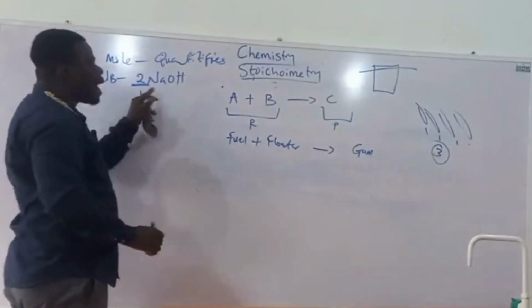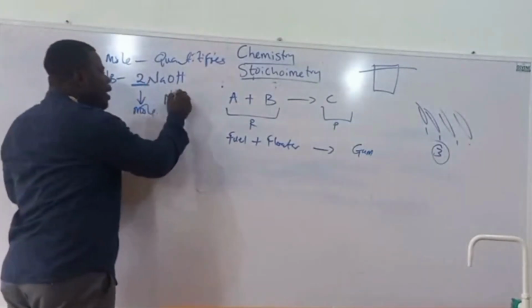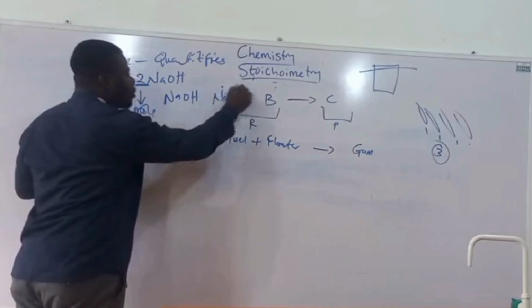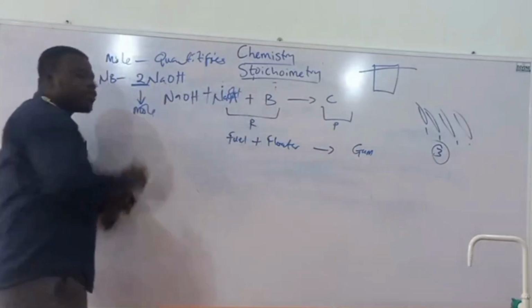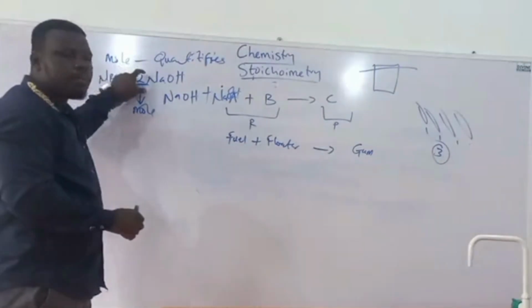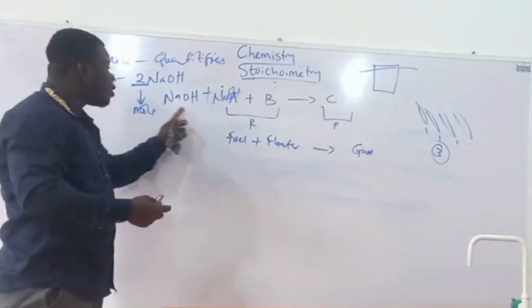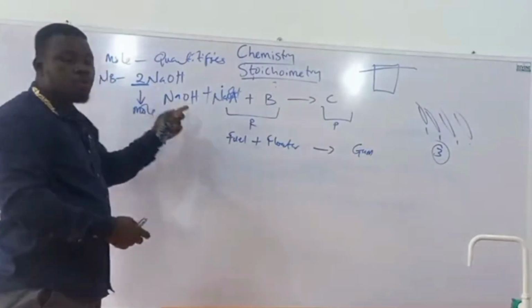The 2 here is acting as the number of moles. It's simply telling us that there are 2 NaOH. So the 2 here is the mole that quantifies this. Instead of repeating this compound twice, we simply say 2 moles, right?